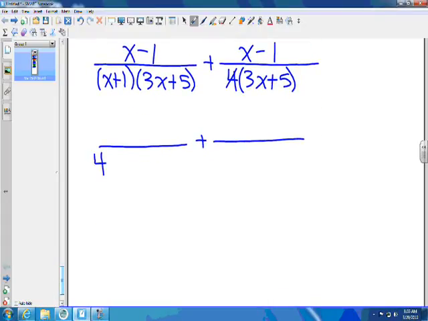That accounts for the 4. What's the first other factor then? What's that account for? Counts for both of them. And what's left? x plus 1 has to go in.